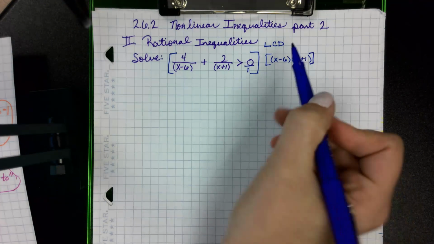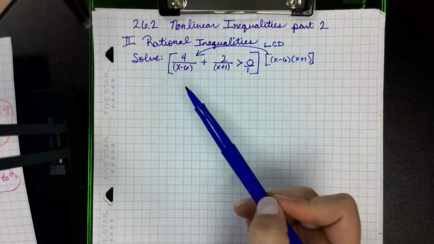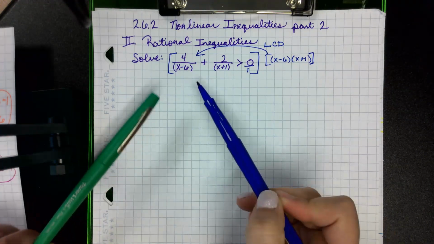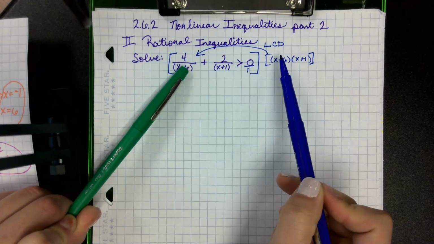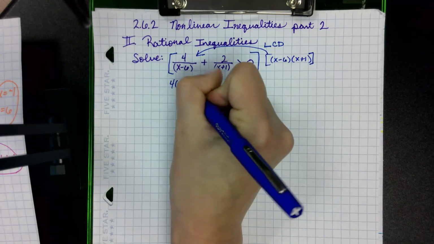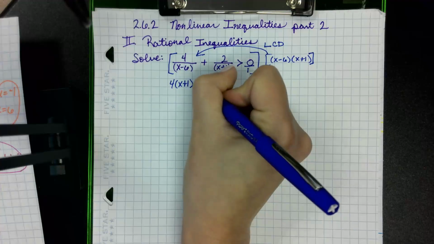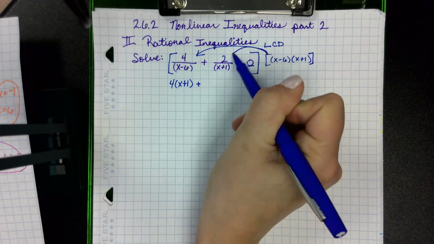So we're going to multiply it by the first piece. And when we multiply, we have an x minus 6 here and an x minus 6 here. Those will cancel. So we have 4 times x plus 1, plus, and multiply the LCD times the second part.